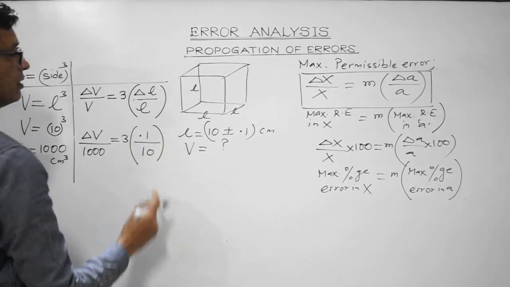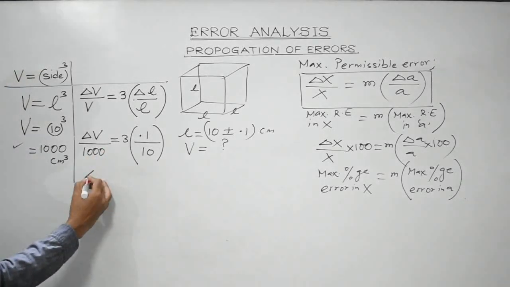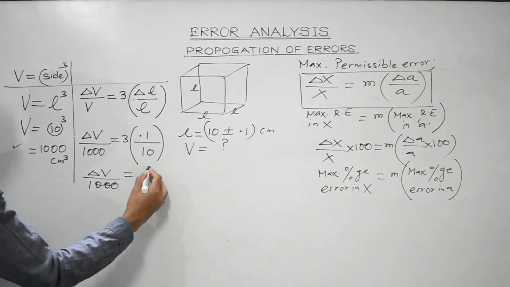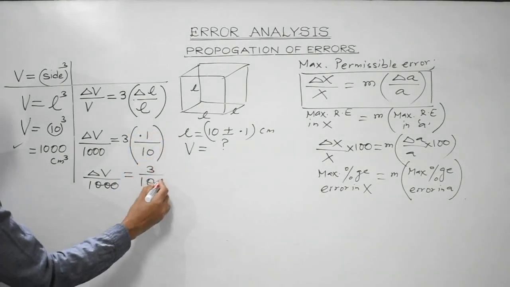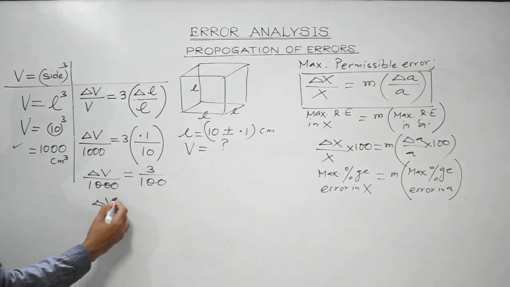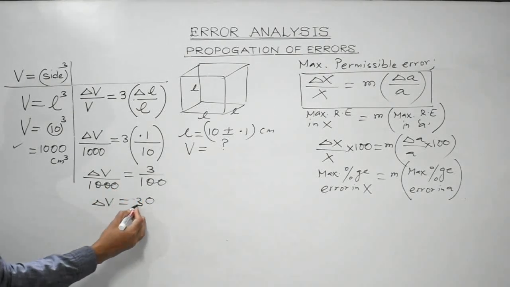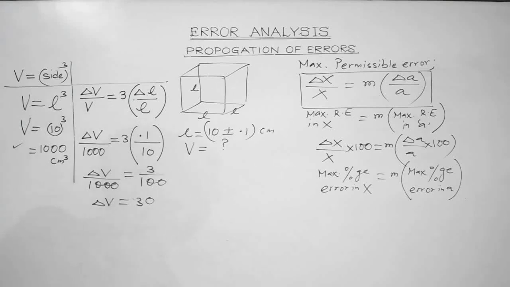All in the same units. Let's solve it. Del V over 1000 is equal to 3 by 100. So del V would be equal to 30. Isn't it?